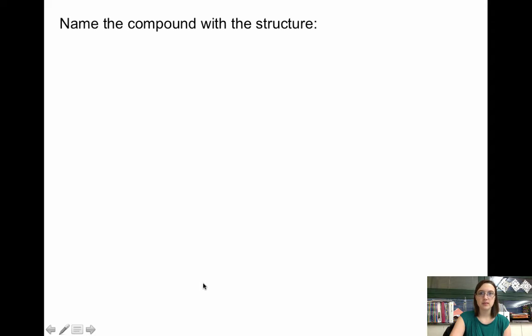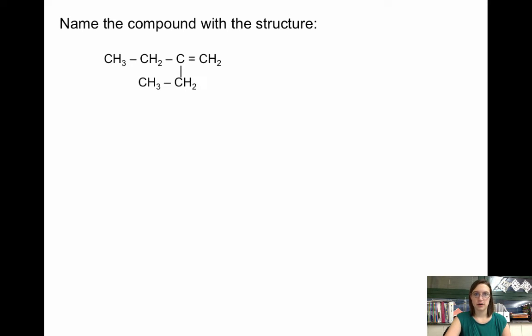So for example, let's name this structure. Remember, just like with alkanes, find the longest chain first. You know now that your double bond gets priority, so that means this has to be in the parent chain. So we have 1, 2, 3, 4, or 1, 2, 3, 4. Either way, it's 4 carbons.